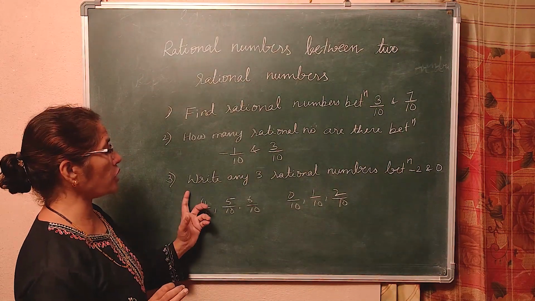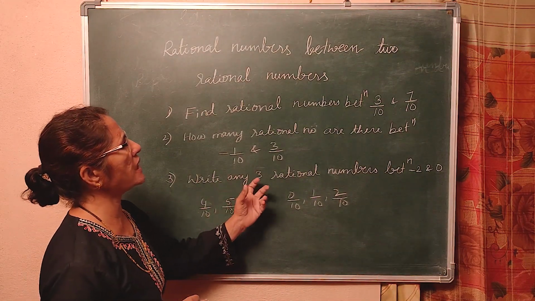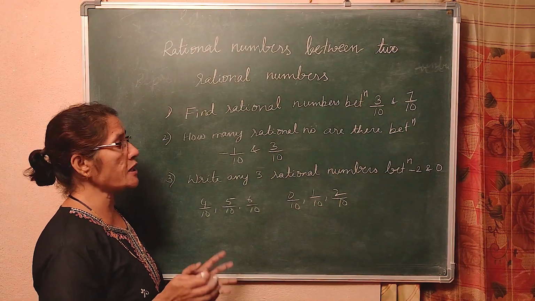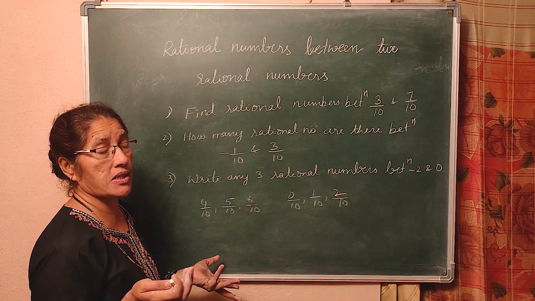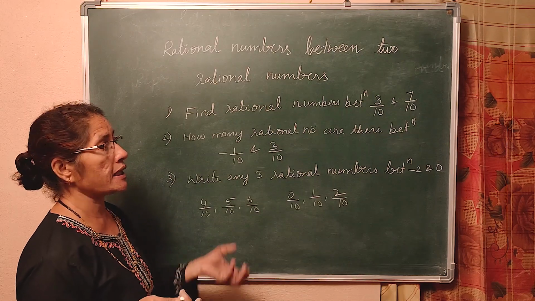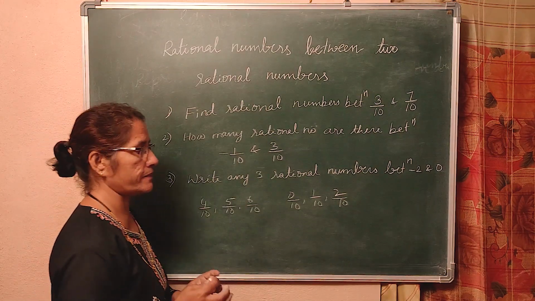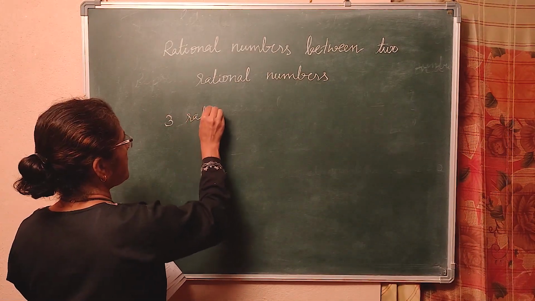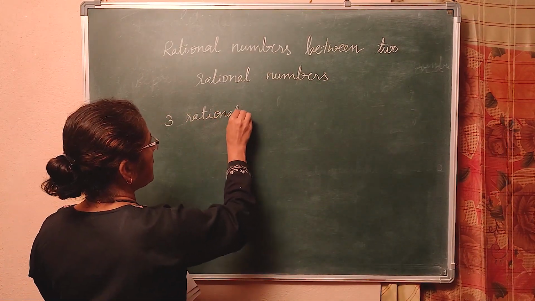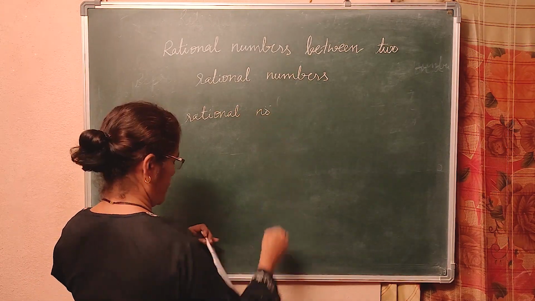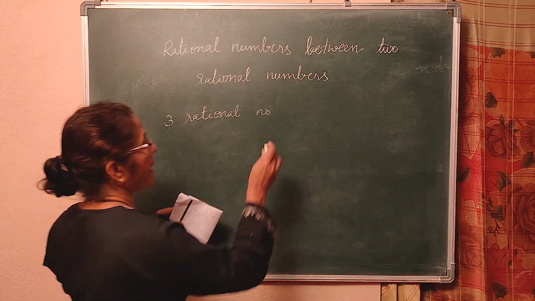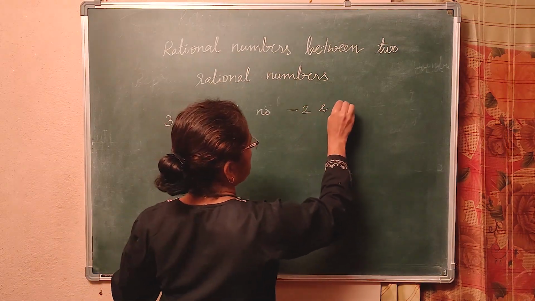They have given the third question. Write any three rational numbers between minus 2 and 0. Between minus 2 and 0, how many rational numbers are there? How to find out? I will teach you that method. Three rational numbers between minus 2 and 0.